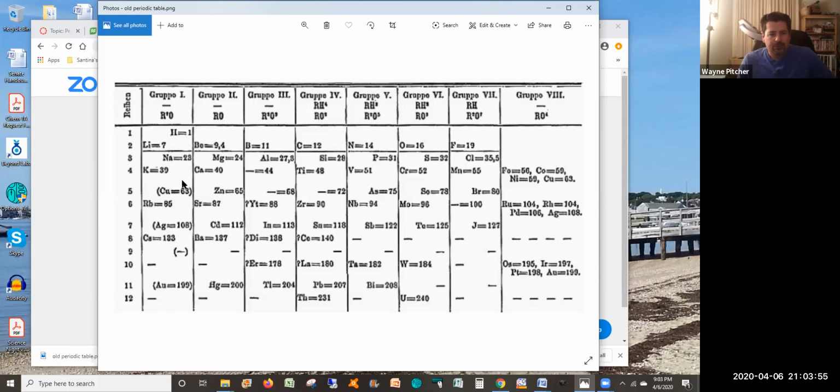Well, one of the organizational principles behind Mendeleev's periodic table was not just how things react, but what kind of compounds they form. It turns out that, let's say, sodium and chlorine will always form a 1-to-1 molar ratio in their compound, NaCl.